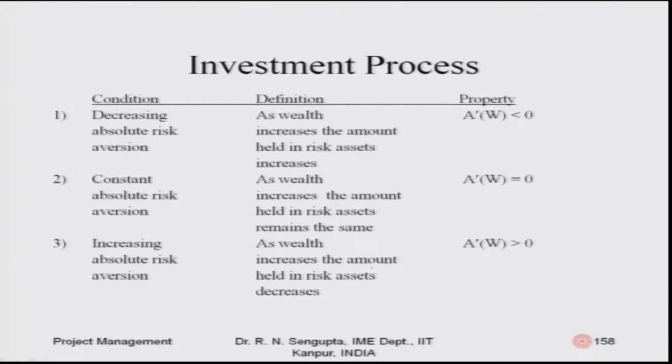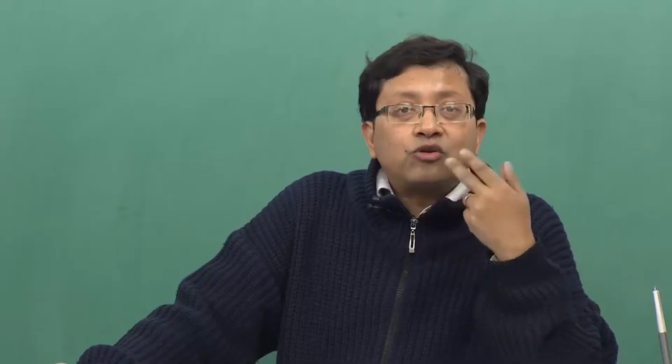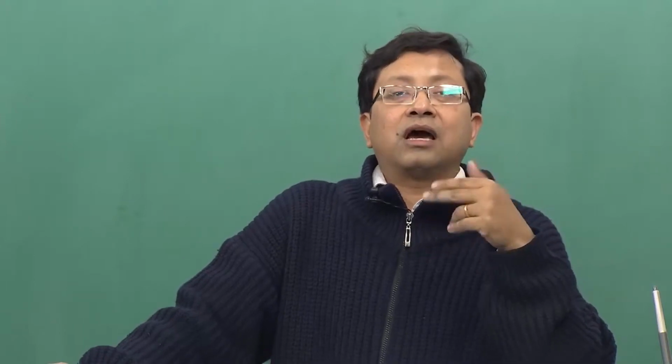So, now consider only one property, which is A prime less than 0, which is the decreasing absolute risk aversion property, which means that as wealth increases, the amount held in risky assets, risky projects, whatever it is, is increasing. Which means my absolute risk aversion property is decreasing, that means I am willing to take the risk, which means I am becoming more of a risk seeker.